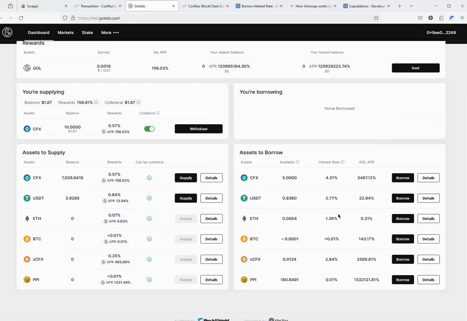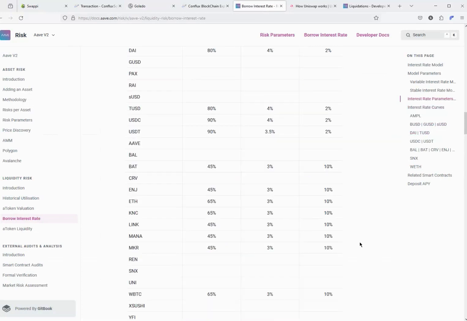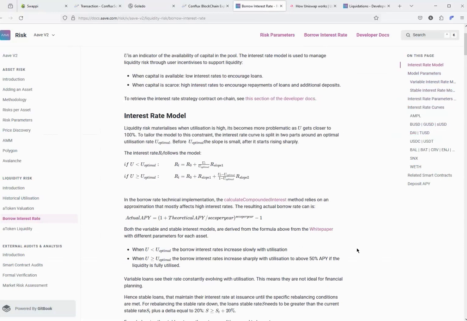that are different. Because there is an interest rate model, if we check the AAVE V2 protocol, this web page shows one of the interest rate models.